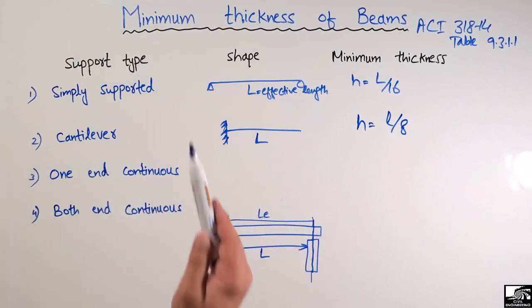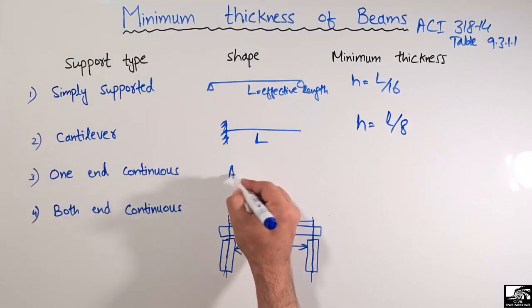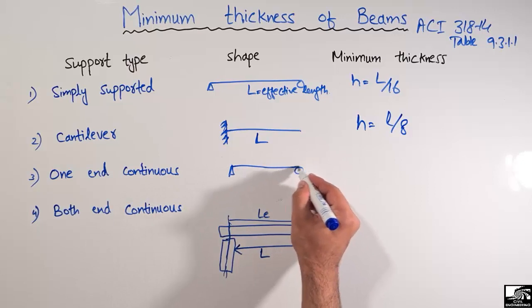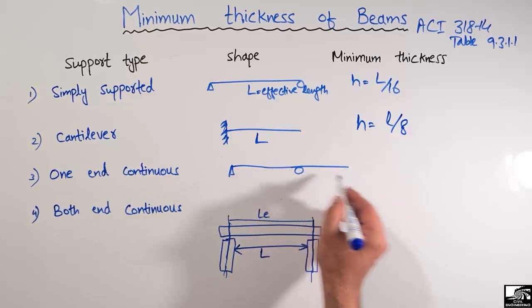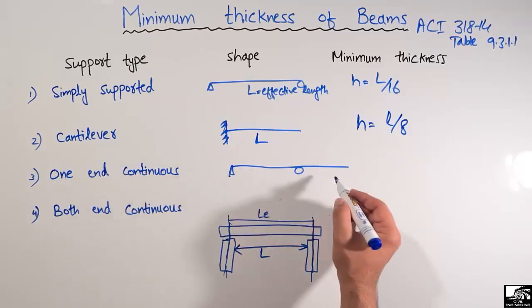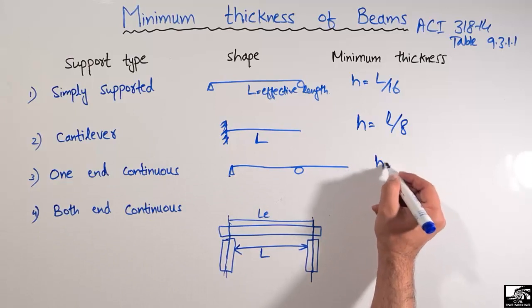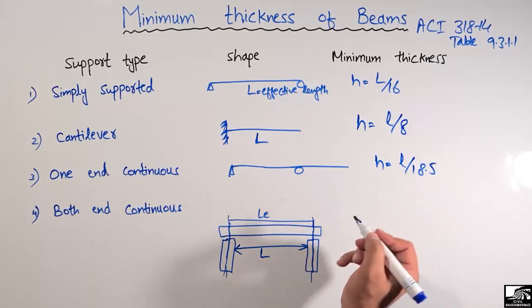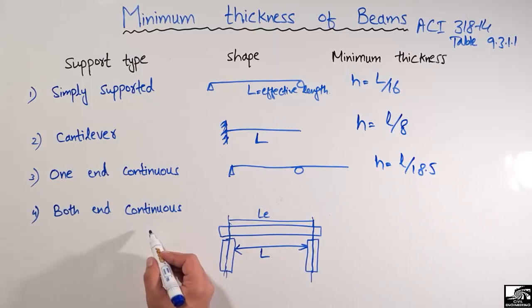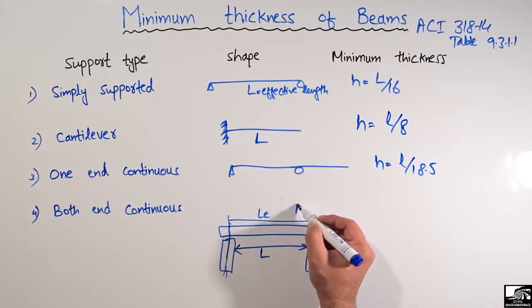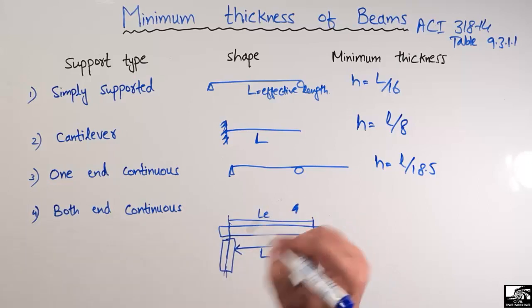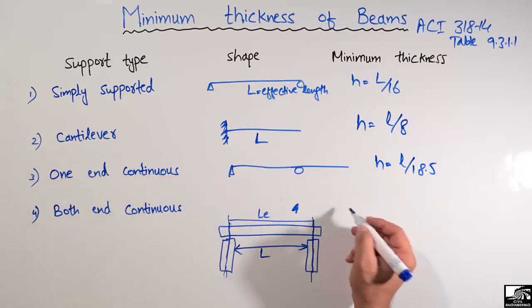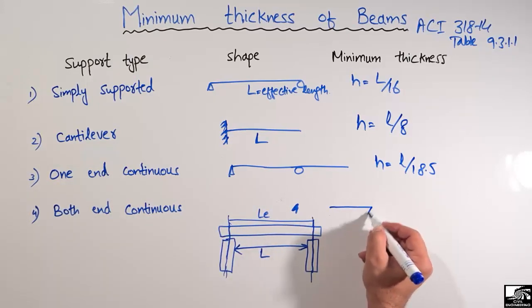Now when it is a one end continuous beam, it means that it is continuous on one side. In this case, the minimum thickness will be equal to L divided by 18.5. When it is a both end continuous beam, it means both ends of the beam are continuous.